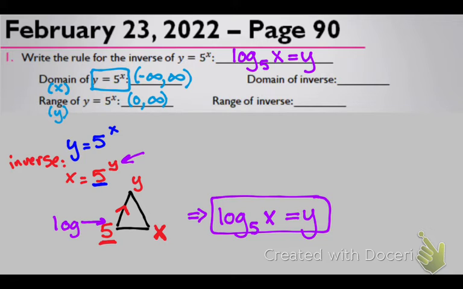Yeah, exactly. I switch them. So the domain of the inverse will be 0 to infinity. And the range of the inverse will be negative infinity to infinity. I just switched those two.